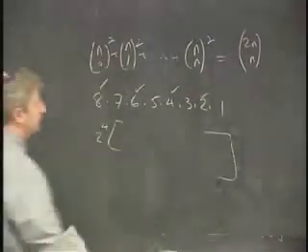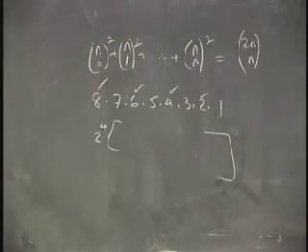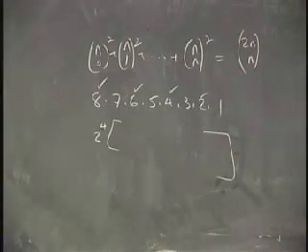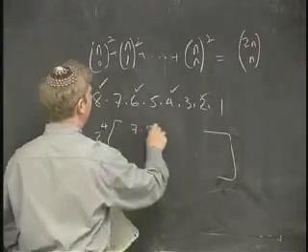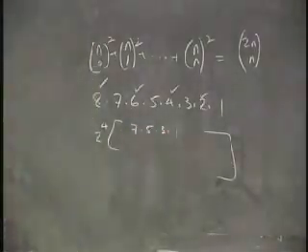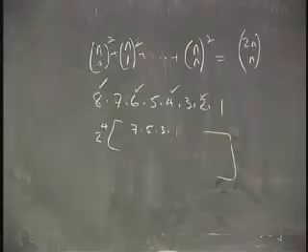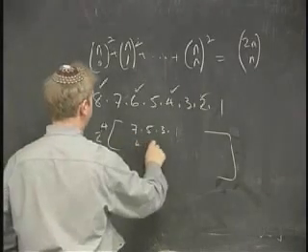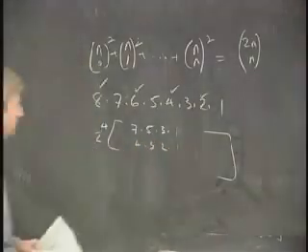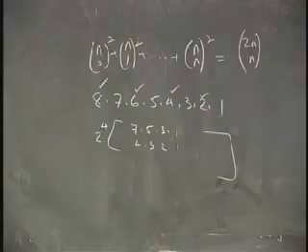And what's left? I got 1, 3, 5, 7 times 4, 3, 2, 1. Ugh. Is it going to be useful or not? Let's see.